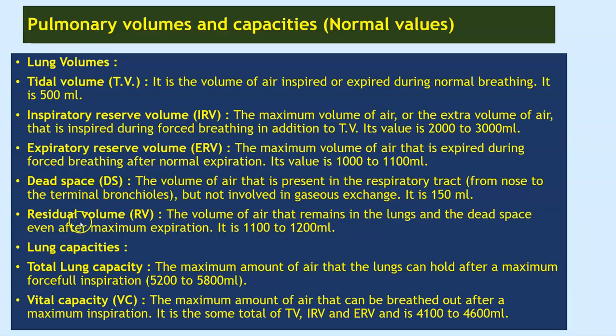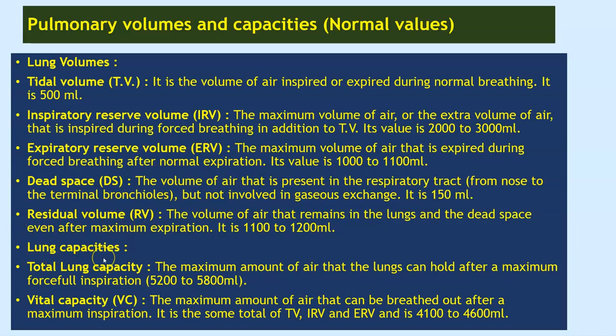Then we have residual volume, RV, the volume of air that remains in the lungs and the dead space even after maximum expiration. So that is, after you have expired all the air that you can to the maximum capacity, there is still some amount of air that remains in the lungs and the dead space. So it is around 1100 to 1200 ml, and it is called the residual volume.